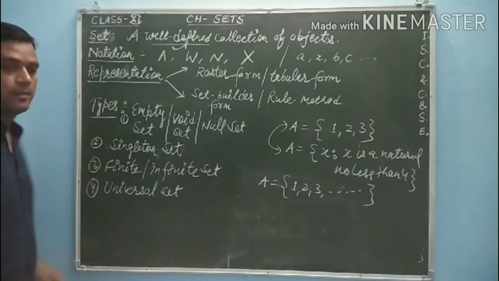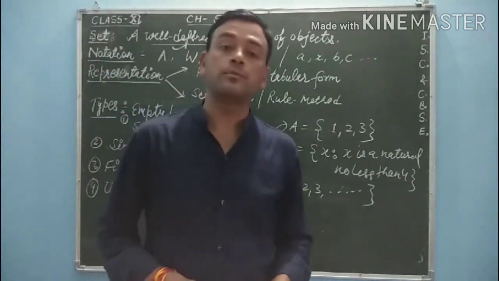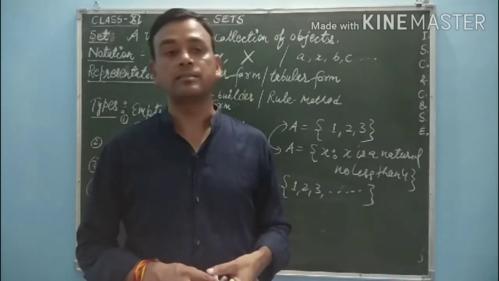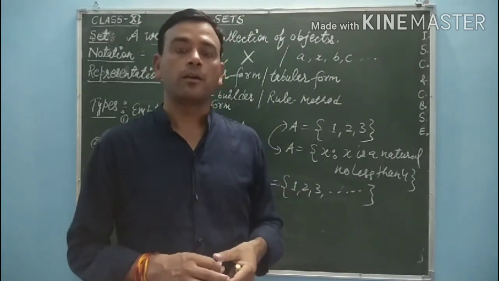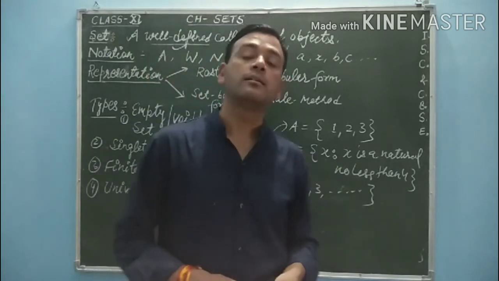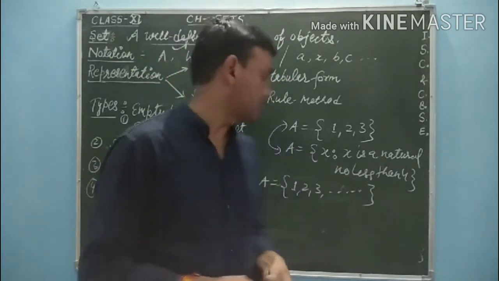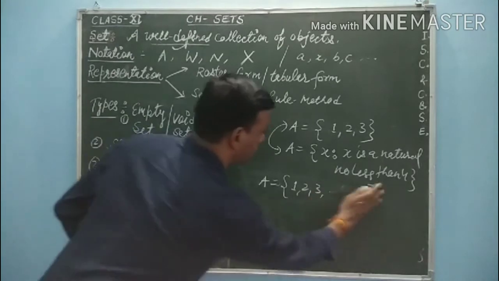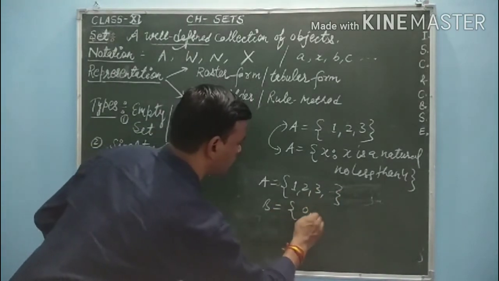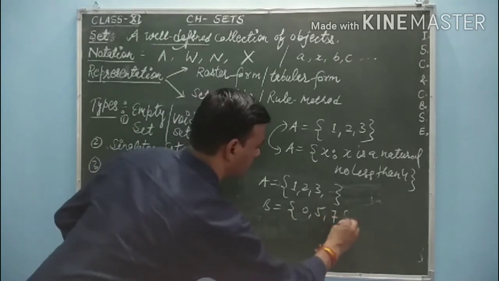Again, the universal set. The universal set is very important for set theory. Students, a universal set means a set which contains all the elements of the given sets under consideration. Suppose I take an example: A = {1, 2, 3} and B = {0, 5, 7, 8}.